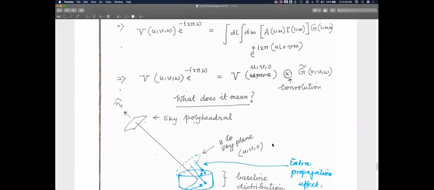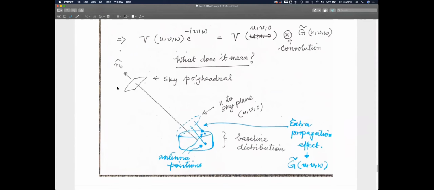So this term without G is nothing but the visibility at u, v, and 0. What does it mean? It means the following. I have this polyhedral facet from where the intensity originates. And this is the pillbox, or this is the cylinder over which my antennas are distributed, where I am doing the measurements. This should not be antenna positions, but baseline positions where I'm doing the measurements.